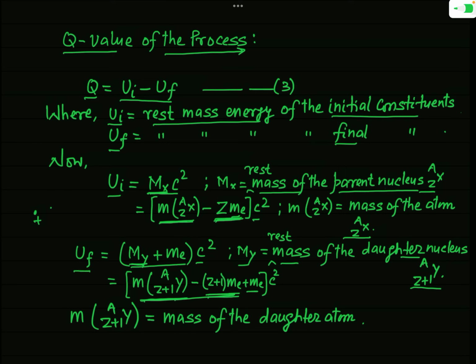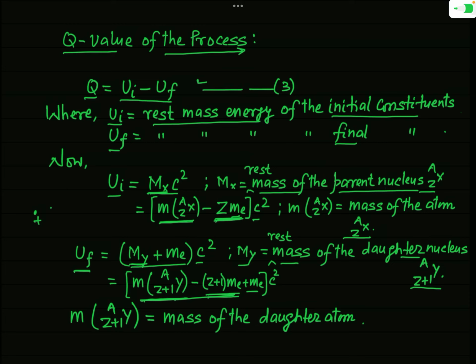Now, to get the Q value of the process, you will use this equation 3. We will simply subtract this U_F from U_I, and you can see the expression. When you subtract U_F from U_I, what will be your result? You can see this minus Z m_e in the expression of U_I and minus Z m_e in the expression of U_F will cancel out.